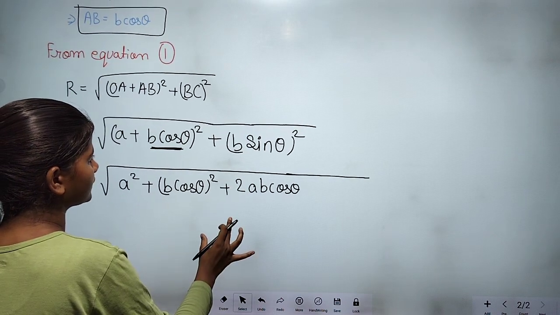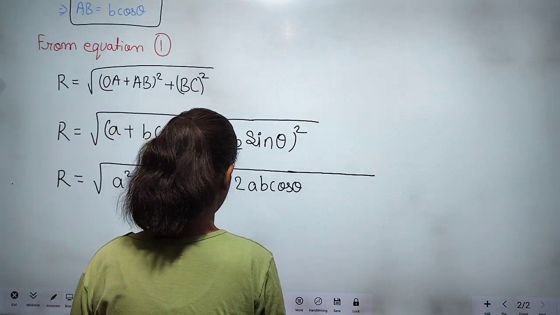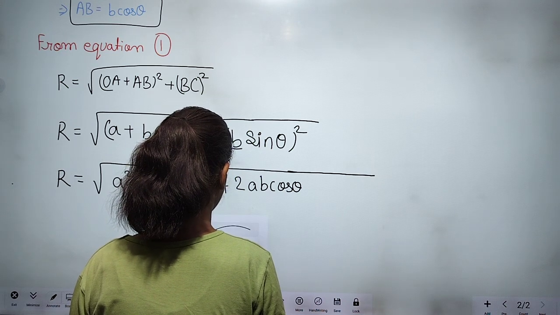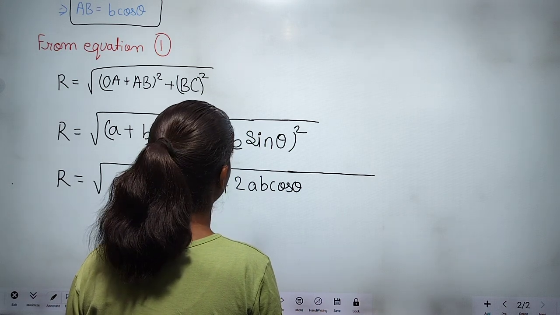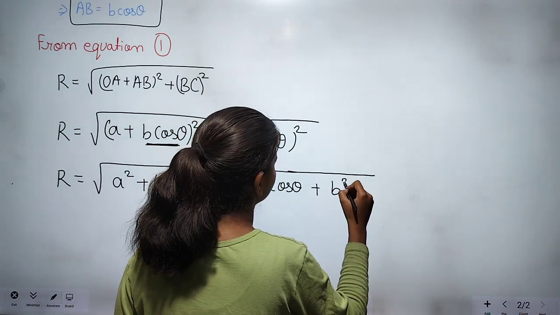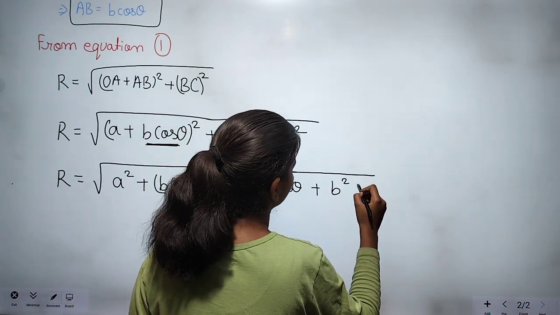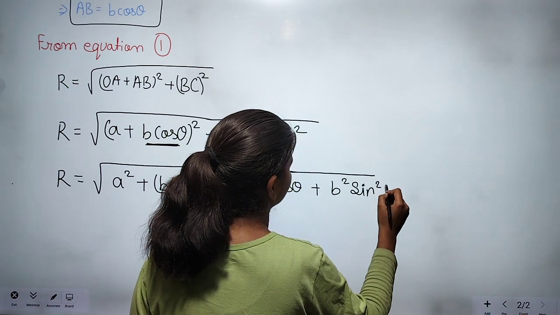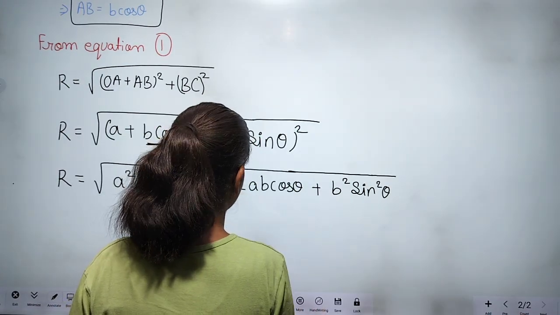Now here B sin theta square, here we can write plus B square sin square theta.